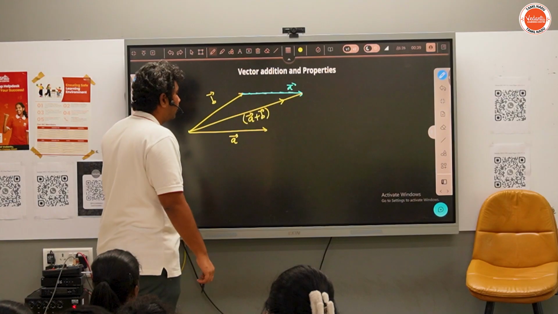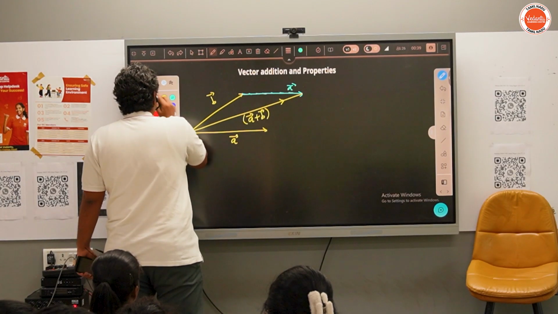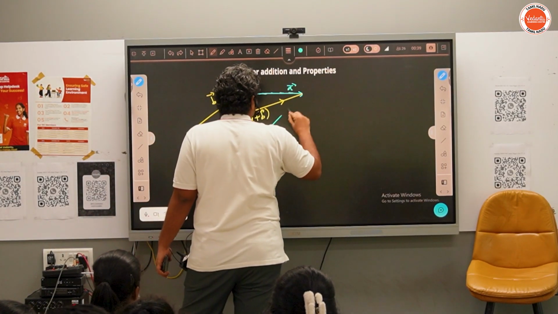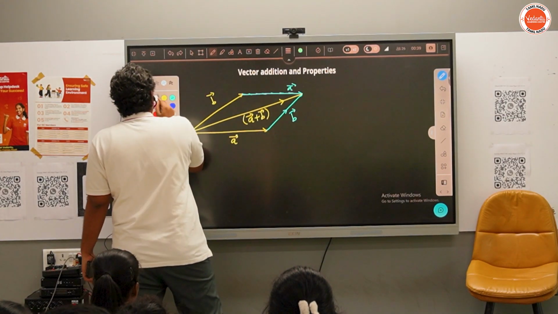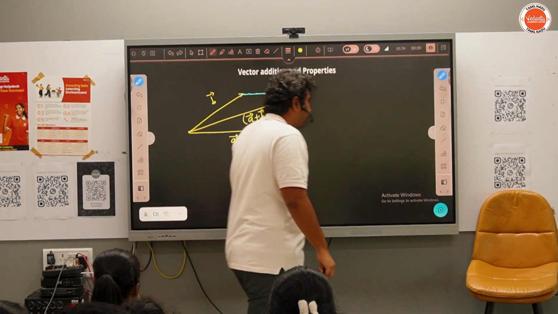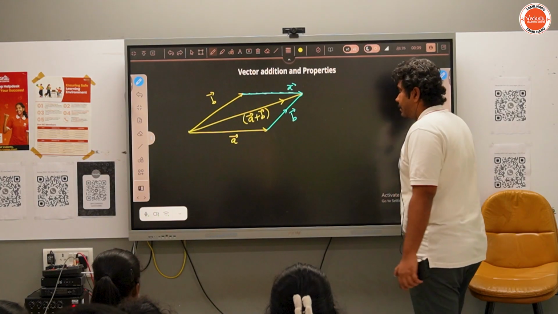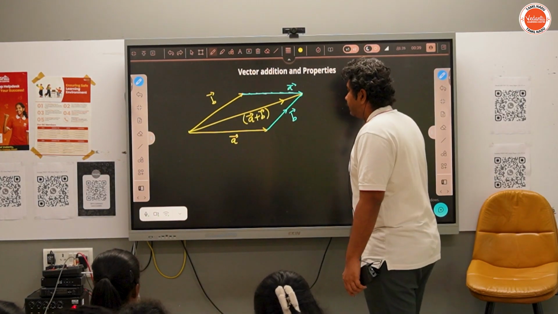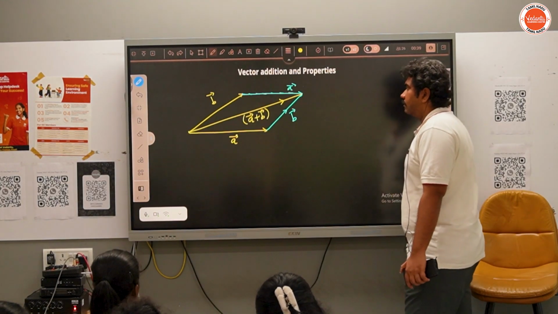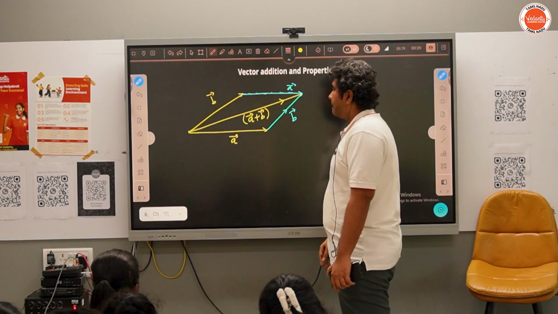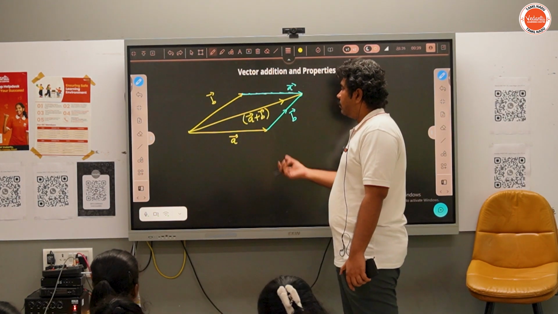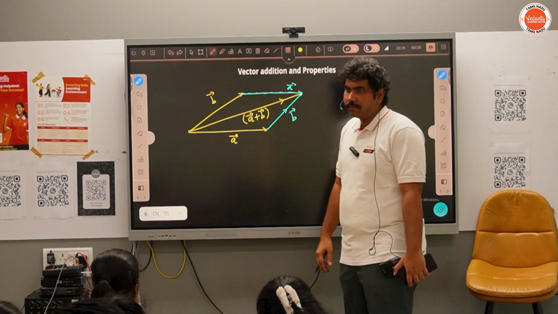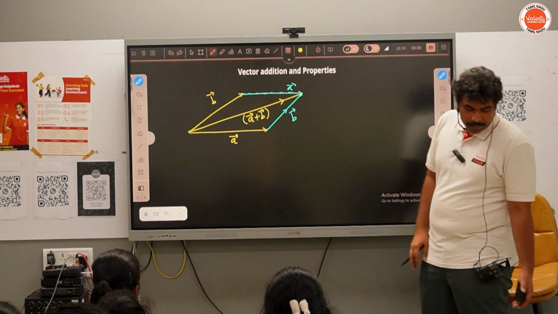This is basically the diagonal being formed. And you know how this will apply, right? So there are many physical applications for this.